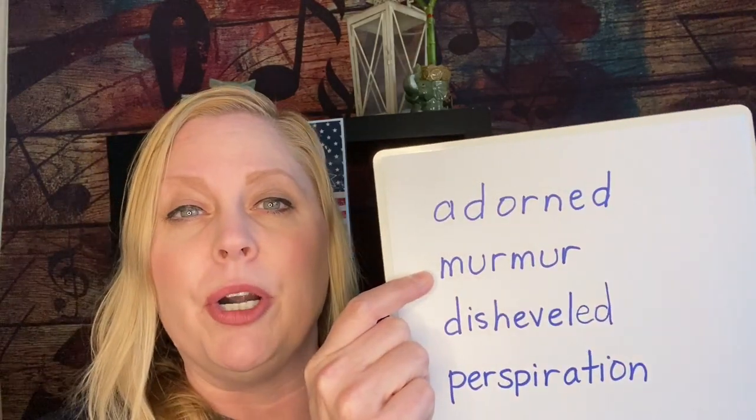Let's try the next word. Murmur. Okay, the word is murmur. Here's my sentence. The murmur of the stream could barely be heard. Okay, the murmur of the stream could barely be heard. When you listen to that sentence, you hear a key word, heard, in the sentence, and that helps you think about how the word murmur might be related to sound.